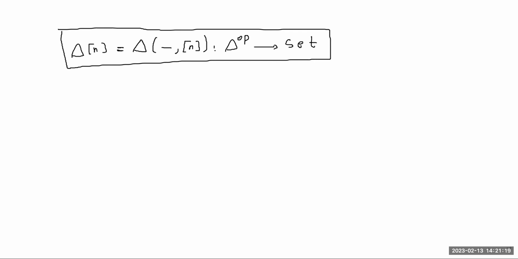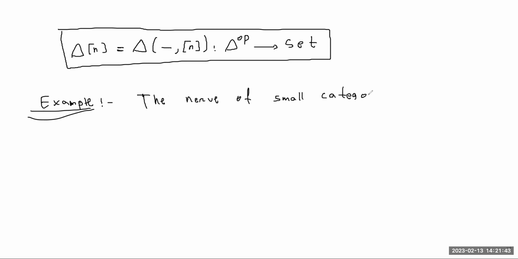Okay, so let's go now to another example, the nerve of a small category.